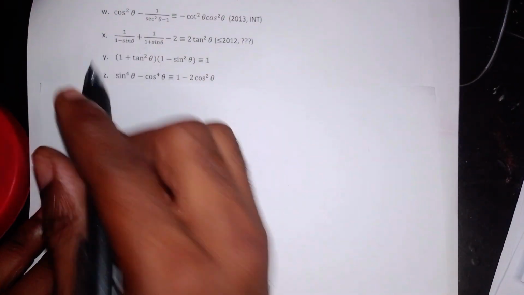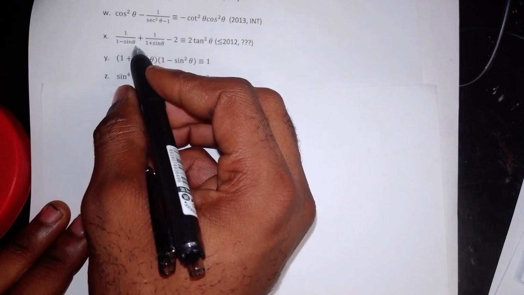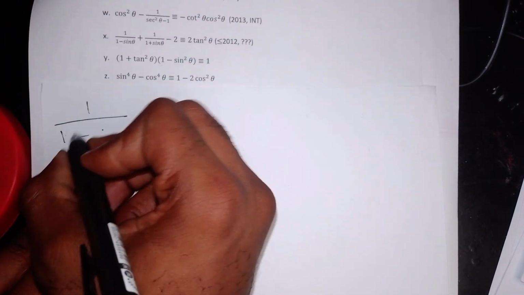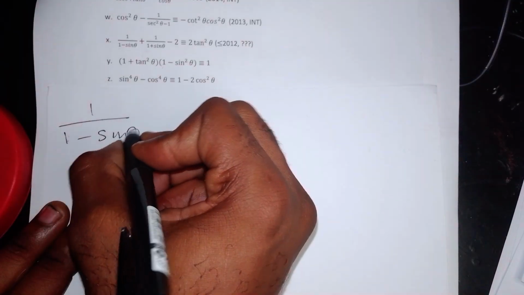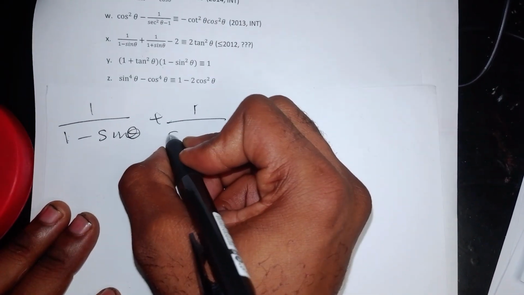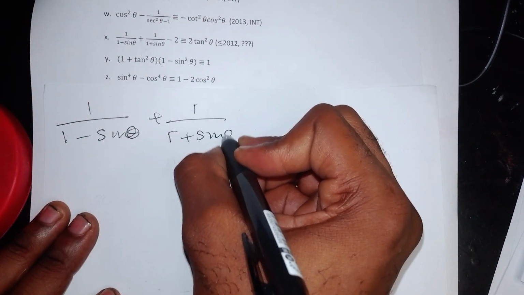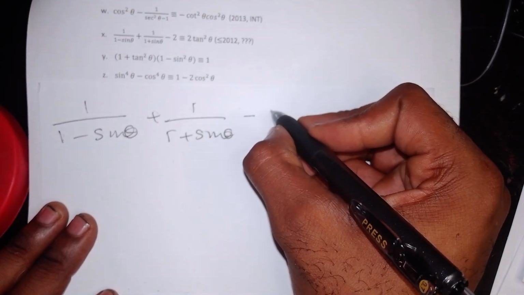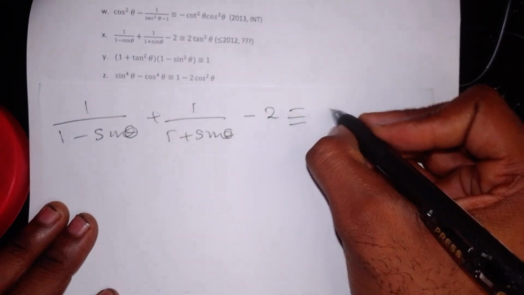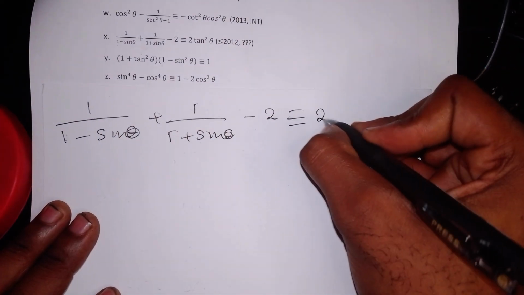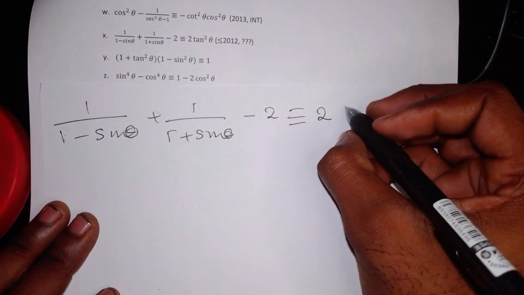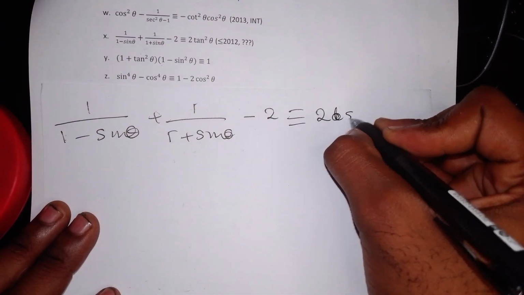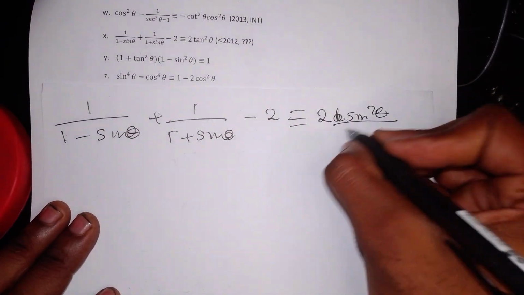So here we have 1 over sine theta, 1 over 1 minus sine theta, and then plus 1 over 1 plus sine theta, and then minus 2, and this is equivalent to 2 tan theta, but remember tan squared theta is this.